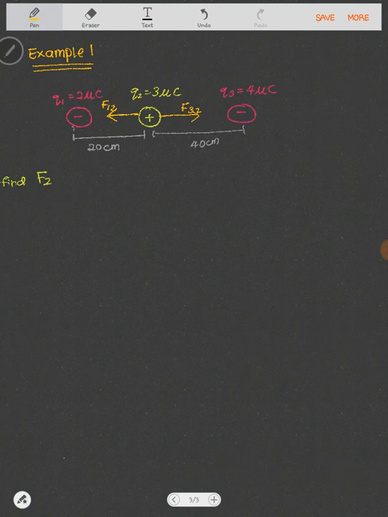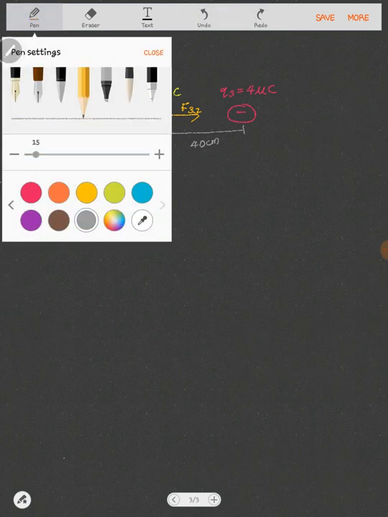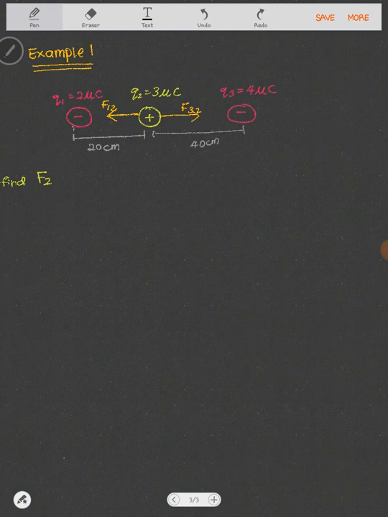Okay, so sekarang ni untuk kita cari what we call the net force on charge 2 ni, F2. So this is positive, don't forget about the direction, it's positive, and this is negative. So the net force is the total summations of both force yang memainkan peranan pada charge tu.